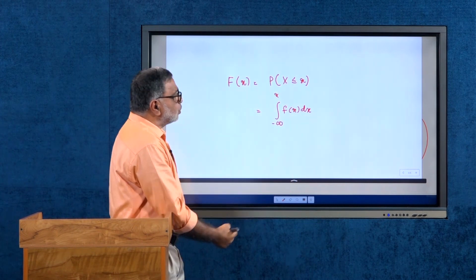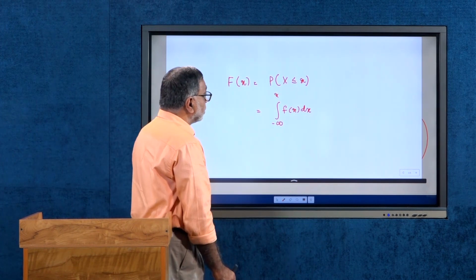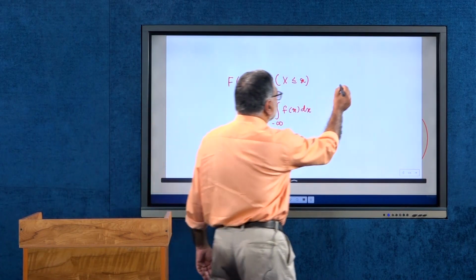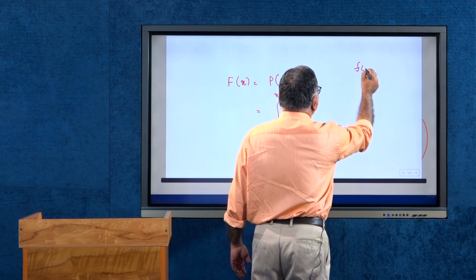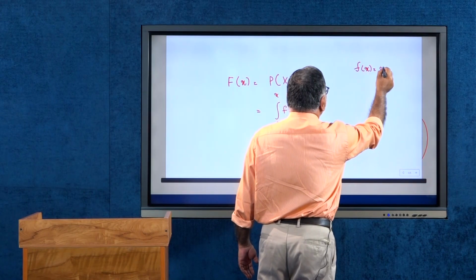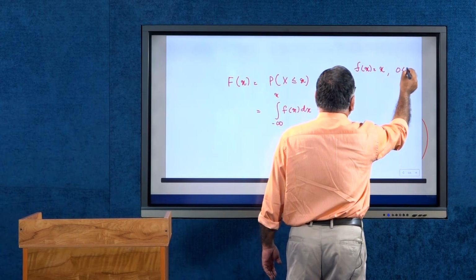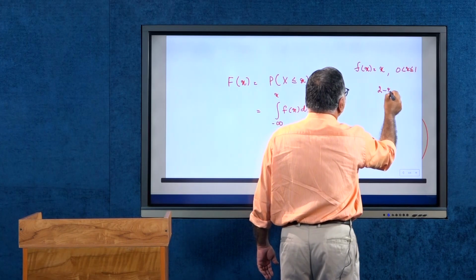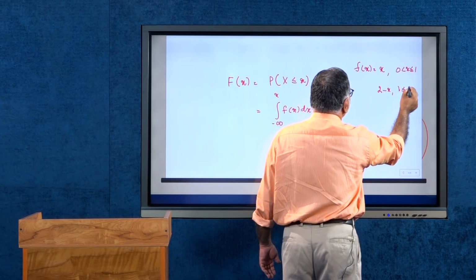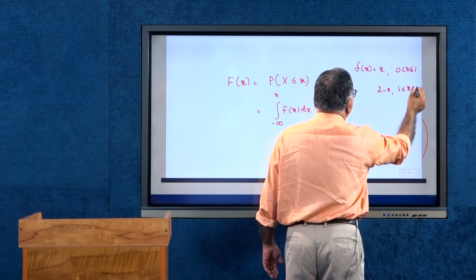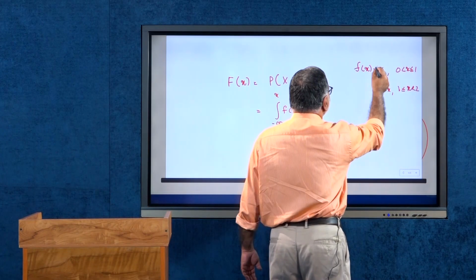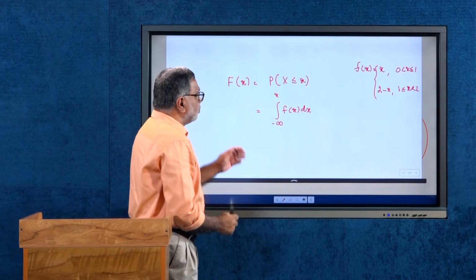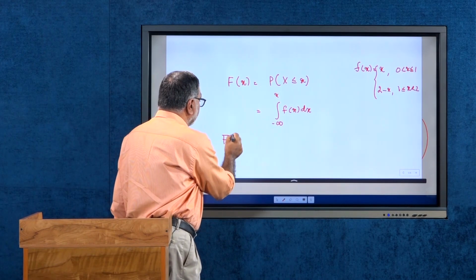Our aim is to find the distribution function of that random variable, where f(x) is given as x when 0 less than x less than or equal to 1, and 2 minus x when 1 less than x less than or equal to 2. So this is given to you. How do you find the distribution function F(x)? That is our problem.